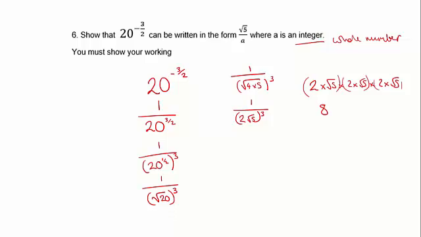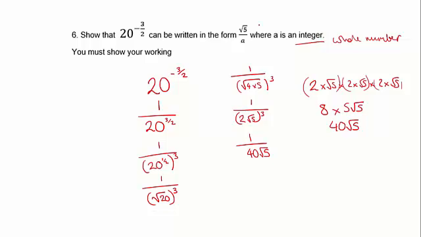Now, √5 times √5 is 5, times √5 is 5√5. So we end up with 8 times 5√5, which is 40√5. Okay, so that is the same as 1/40√5.